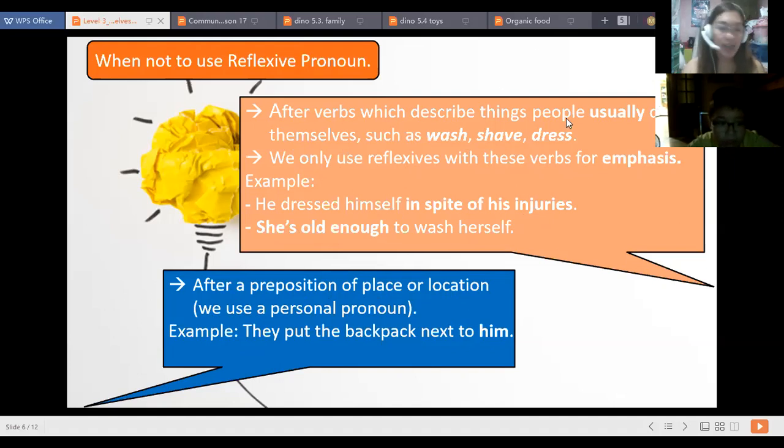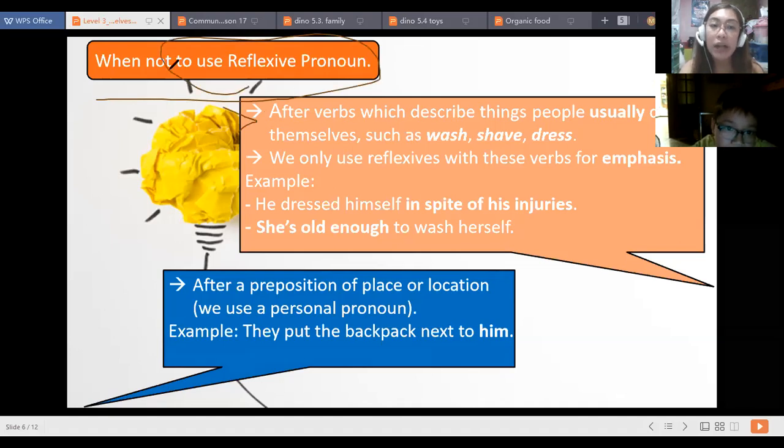Okay, can you read again? Can you read first? Do not read here. Read first where not to use the reflexive pronoun.